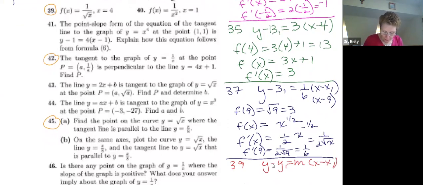I'm just going to look and see, what does this function look like? So I'm going to take my graphing calculator. I want you to do this as well. Square root of x, and I'm going to graph it and see where it lives. Let me zoom standard.